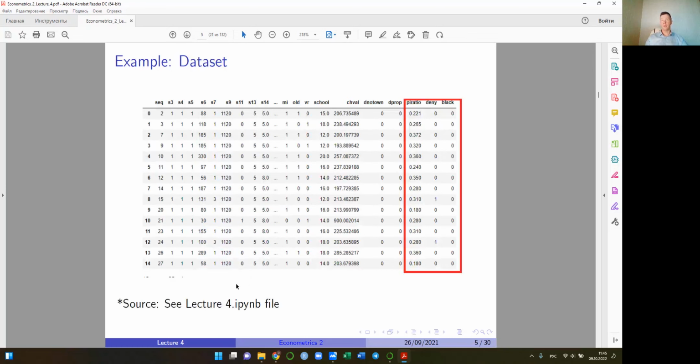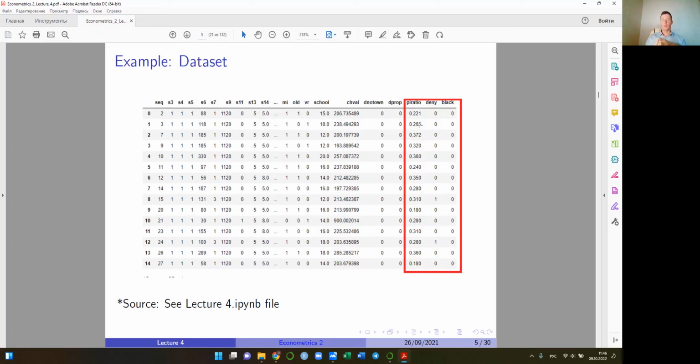This is an excerpt from this data set. We have many different variables collected on the mortgage applications, and here in the red frame we have three variables that we have discussed. So deny is 0 when the mortgage is accepted, and 1 when the mortgage is denied. PI ratio is a fraction of a payment for this mortgage to the total income of a person.